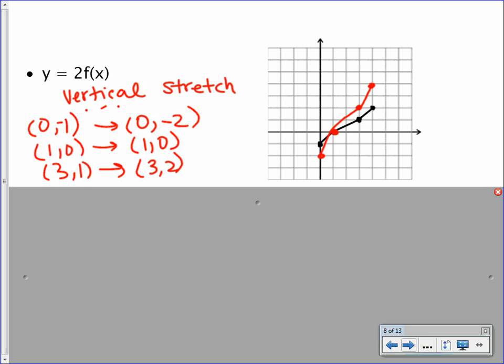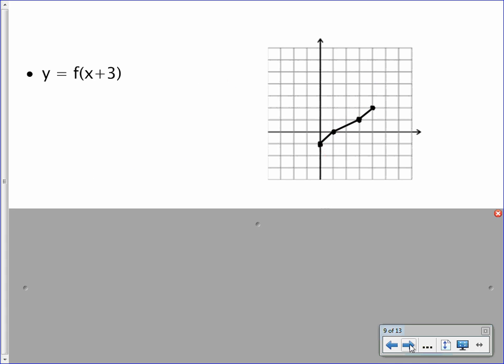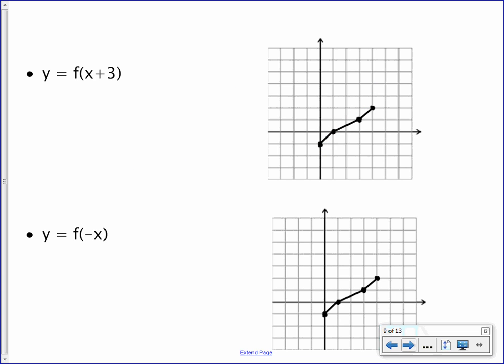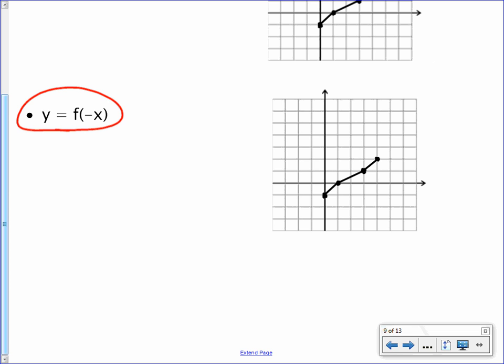Okay. Let's do this one right here. I don't think we need to do all of my examples because I think we've done transformations before. Let's look at this one. F of negative x. Reflect about the y-axis.